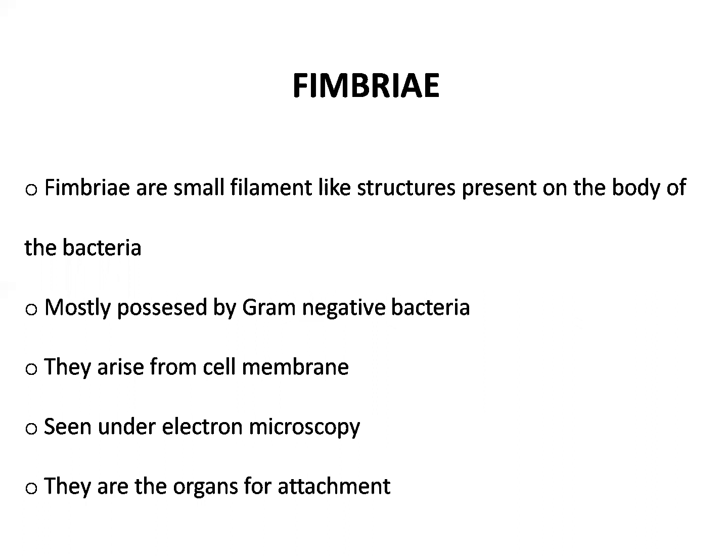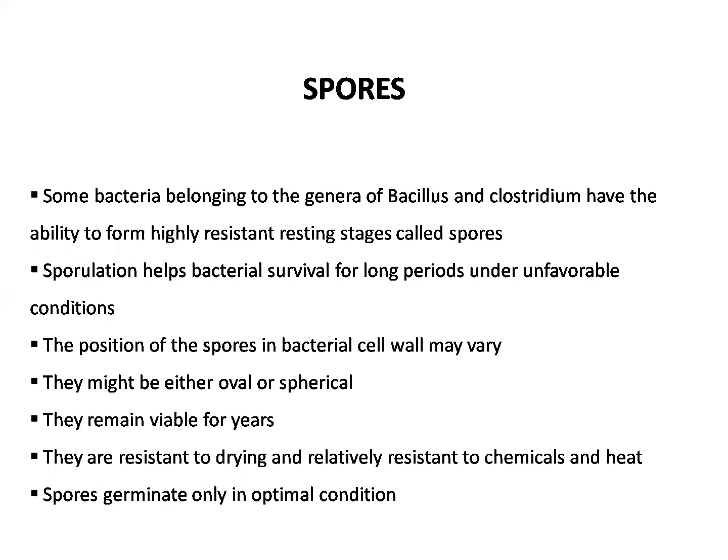After attaching, it will exhibit its pathogenicity after getting access into the organs. So the preliminary thing is that the bacteria need to get attached to a particular cell. This attachment is carried out by the fimbriae. So it's nothing but an organ of attachment.